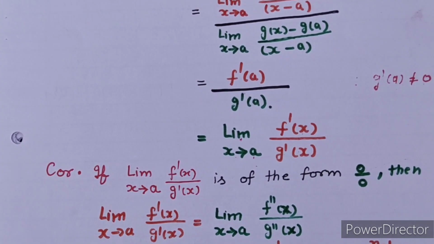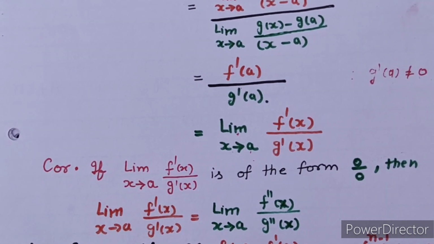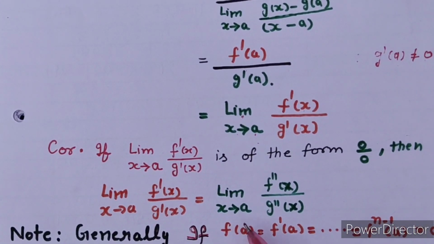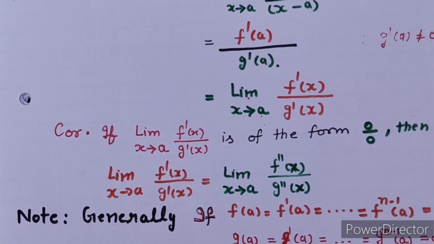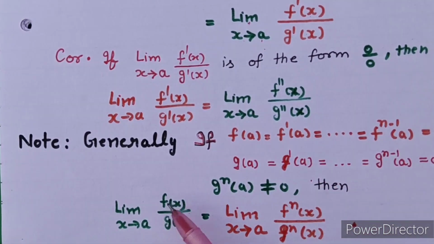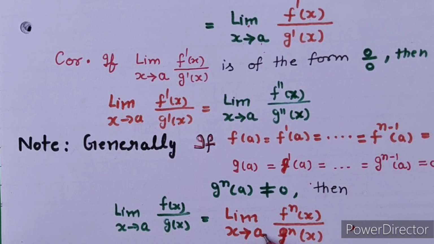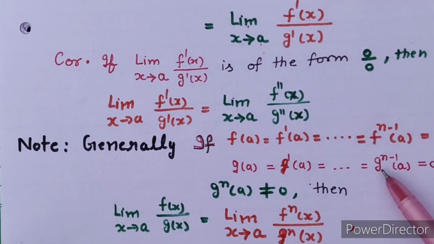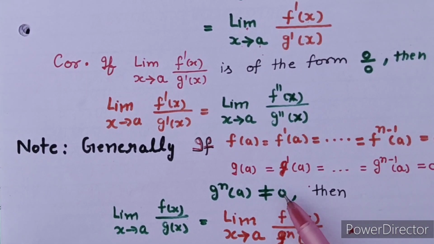In general form, suppose you are taking 3 derivatives, 4 derivatives and 5th derivative, so the last expression in general case you can write here limit x tend to a f of x by g of x is equal to limit x tend to a, suppose it's n minus 1th derivative 0, and I'm taking here the nth derivative of the below term, that is, your denominator, that should be not equal to 0.